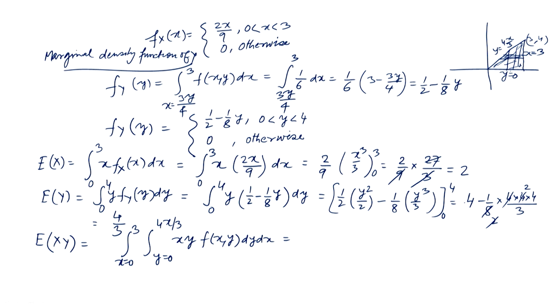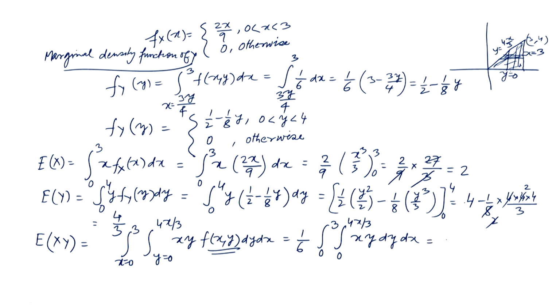We are given f(x,y) equal to 1 by 6. So, this is 1 by 6 times the integral over 0 to 3, integral over 0 to 4x by 3, and we have x into y dy dx. This f(x,y) is equal to 1 by 6 over region R.